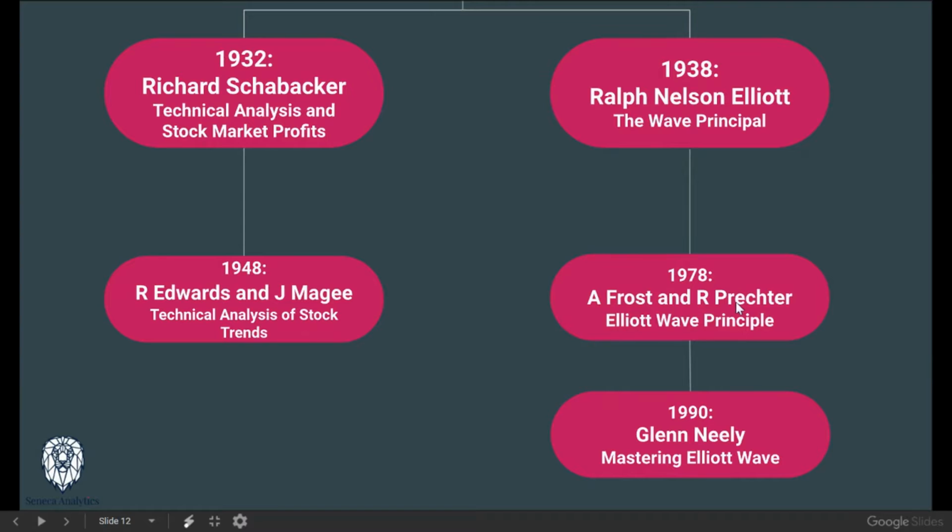And then you had guys like Frost and Prechter, which kind of furthered on Elliott's work. And later on, you had someone like Glenn Neely, who took a deep dive into Elliott's principles and furthered those principles in his book called Mastering Elliott Wave, which is also a highly technical book, but something that price structure analysis draws heavily from.